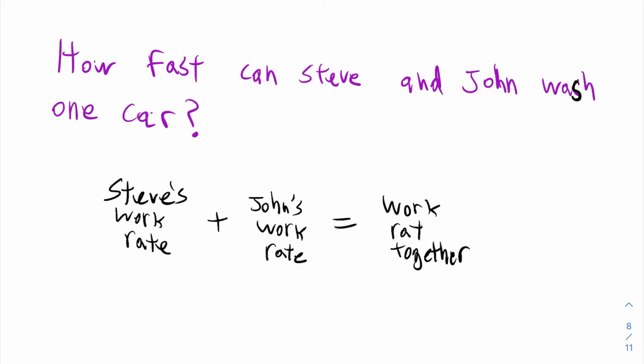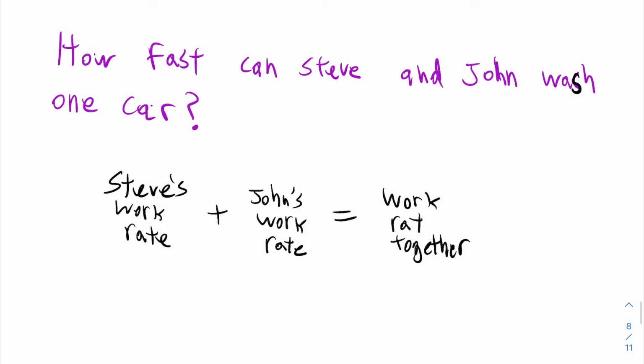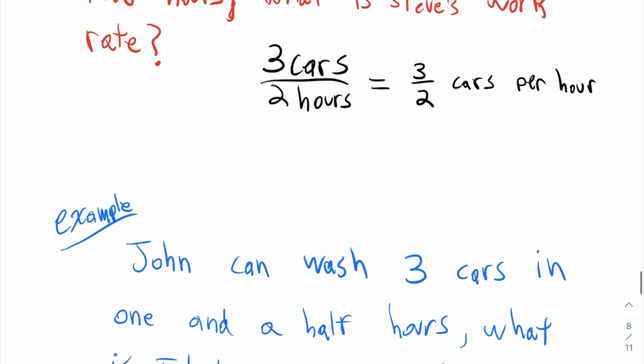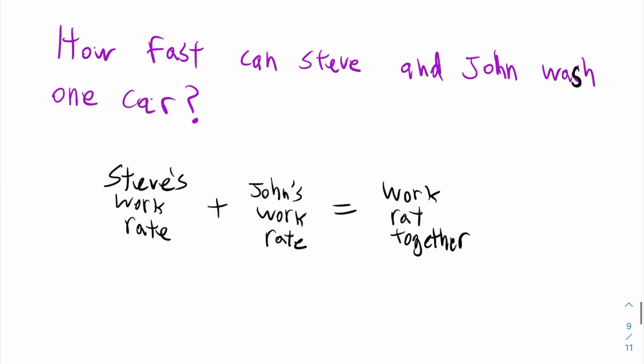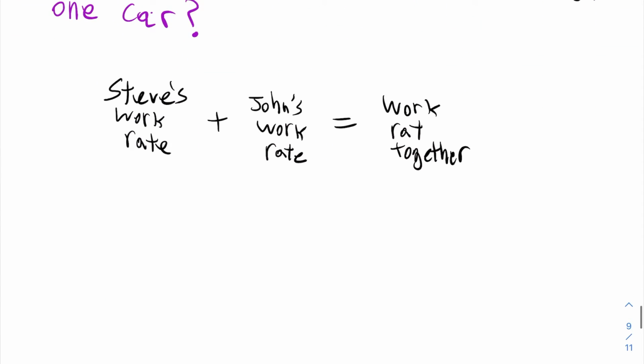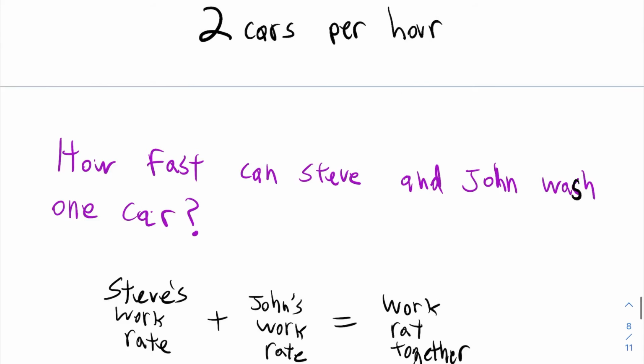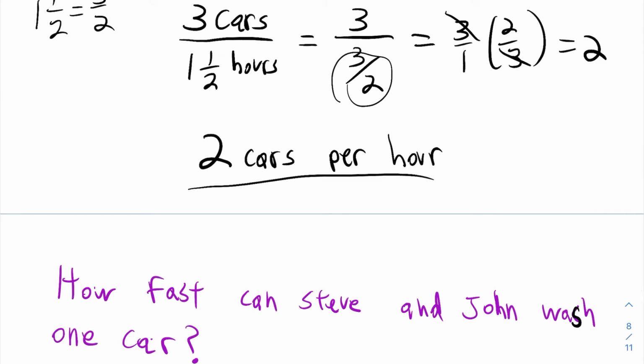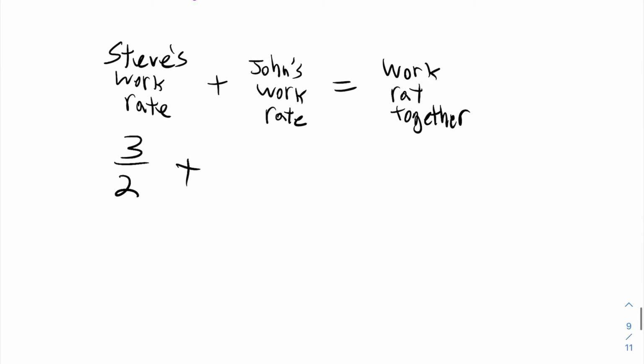So what was Steve's work rate? Steve's work rate was, if I remember correctly, 3 cars per 2 hours. John's work rate was 2 cars per 1 hour, 2 cars per hour.